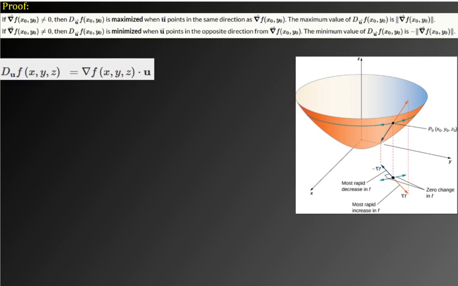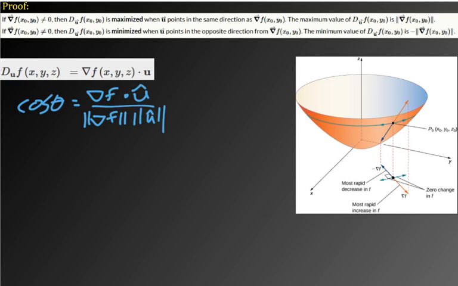And I'm just going to sell you on this a little bit. I'm not going to do a super rigorous proof, but I'm going to start with the cosine formula for vectors, right? So we know that the cosine of the angle between two vectors is the dot product of those vectors over the magnitudes, right?